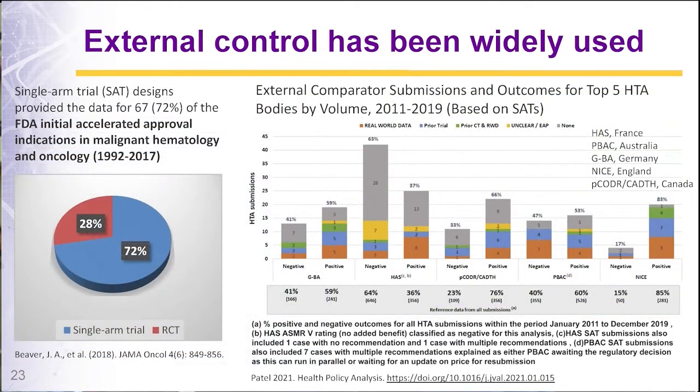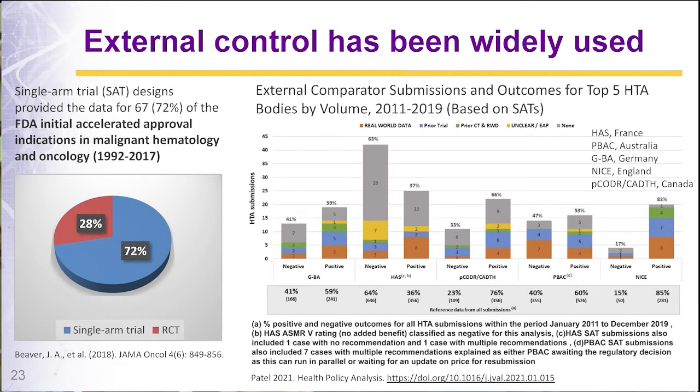As we all know, the external control has been widely used, especially for supporting the single-arm trial, the supplemental single-arm trial, but it sometimes also supports the RCT. The single-arm trial is commonly used in oncology and rare disease. On the left side, I'll give you an example that the single-arm trial has become used in FDA initial accelerated approval indications in malignant hematology and oncology.